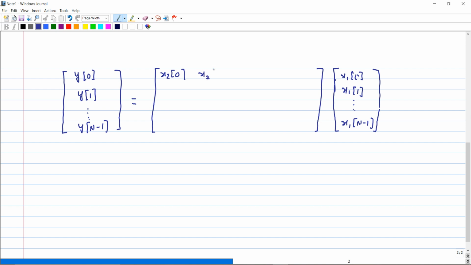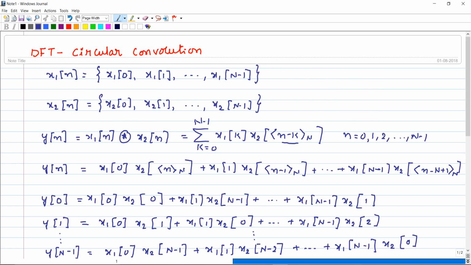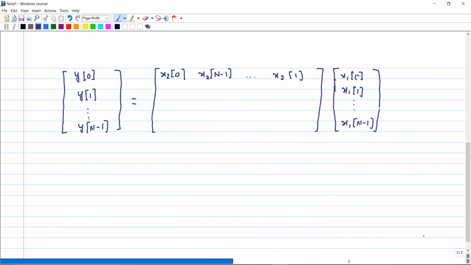This fellow would be x2 of n minus 1, and so on, and what will be the last term? This would be x2 of 1. Okay, so look at this first equation. You will get x1 of 0 multiplied with x2 of 0, x1 of n is getting multiplied with x2 of n minus 1, and so on, and hence the first row we can write like this.